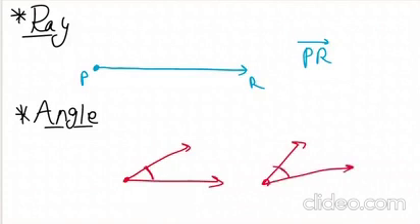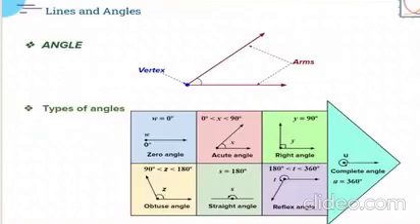So an angle is formed when two rays join together. The two rays are known as the arms. This is the angle between them, and the common meeting point between them is known as the vertex, isn't it?